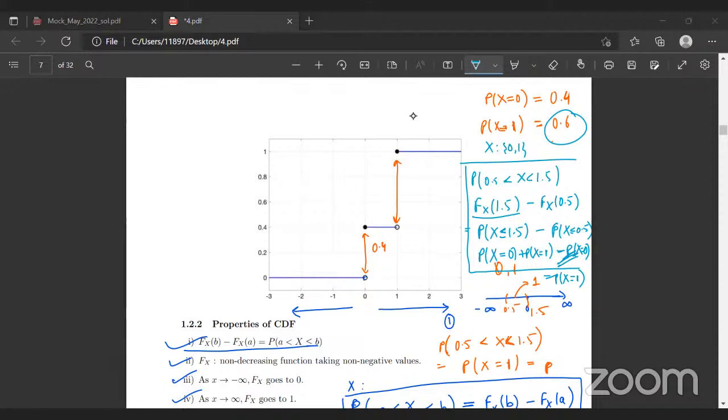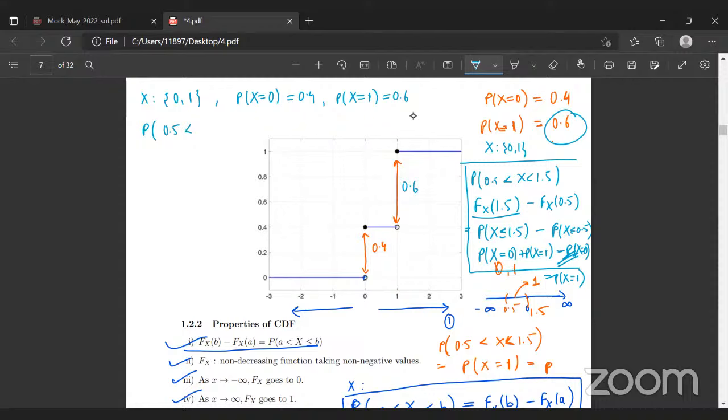I will write the same thing again here, referring to the same graph that we have. We have X to be a Bernoulli random variable, which takes two discrete points, 0 and 1. Probability that X takes the value 0 comes out to be 0.4, and probability that X takes the value 1 comes out to be 0.6. We are interested in finding the probability that X lies between 0.5 and 1.5.